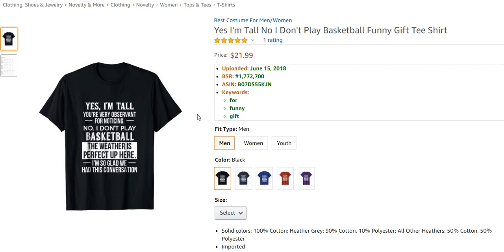Let's use this example: if you list a shirt that's basically a shirt gift for tall people, and that's how people search for it, the more they click on your shirt, and going further, the more they buy your shirt, means your shirt will be showing up on page one, or higher up in the ranking, when people are looking for it. So the match is really important. Basically, repeat the search terms, it plays a big role.